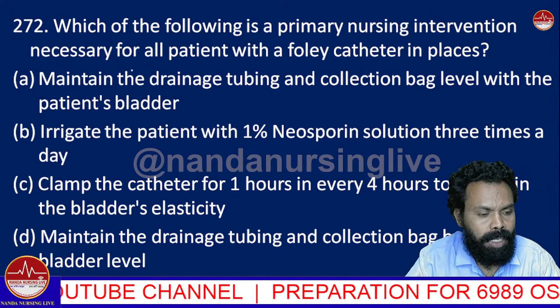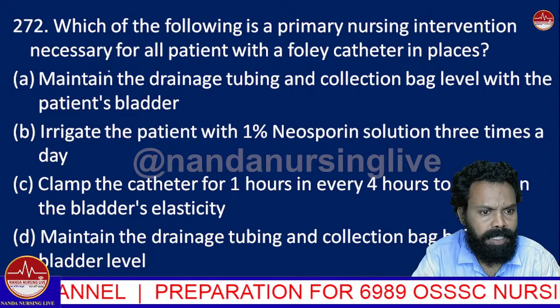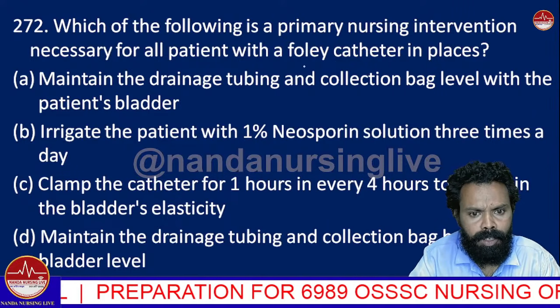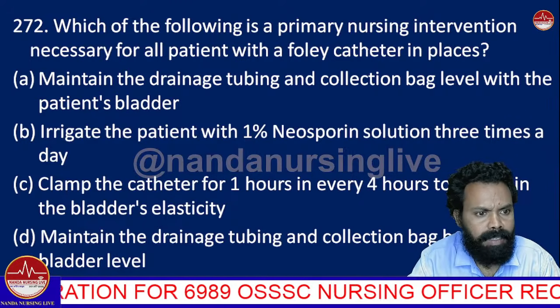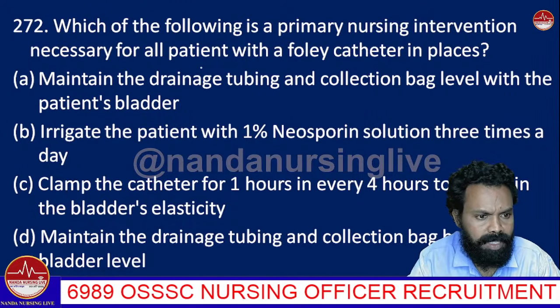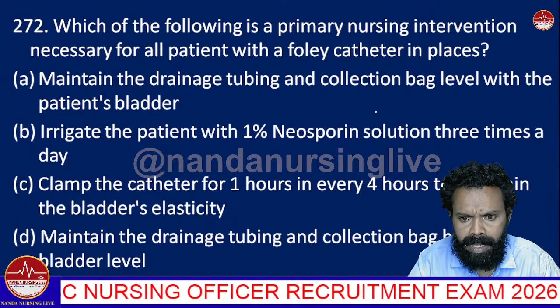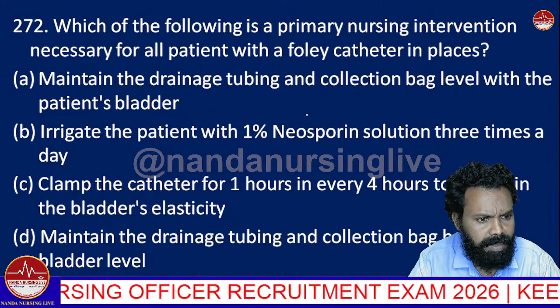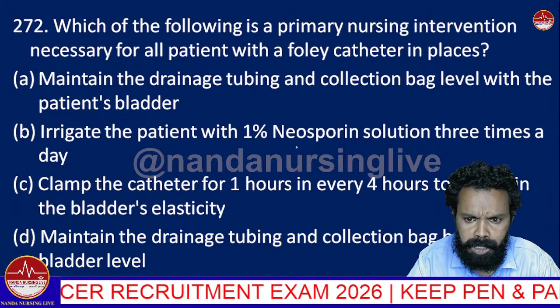Next question. Question number 272: Which of the following is a primary nursing intervention necessary for all patients with a Foley catheter in place? Option A, maintain the drainage tubing and collection bag level with the patient's bladder. Option B, irrigate the patient with 1% Neosporin solution 3 times a day.